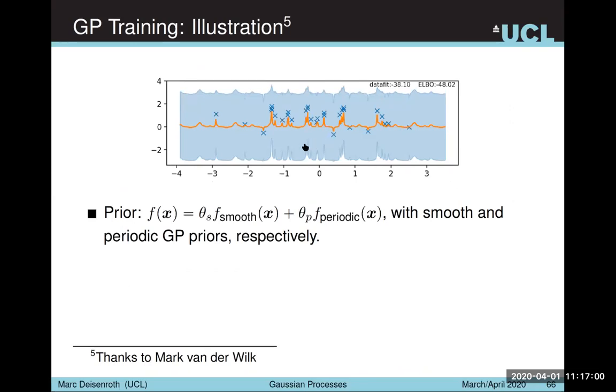And what we will see is that by optimizing the marginal likelihood, these weight parameters, theta s and theta p, are found automatically as part of the marginal likelihood optimization.